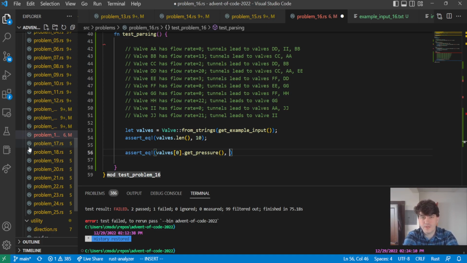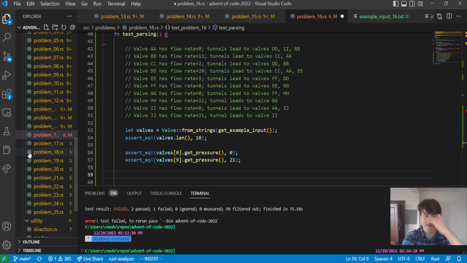So pressure is 0. Let's check. J is 10. So 9. 1. Okay. And then how will we want the valves to know about each other? So we can just have them carry around a numerical index.